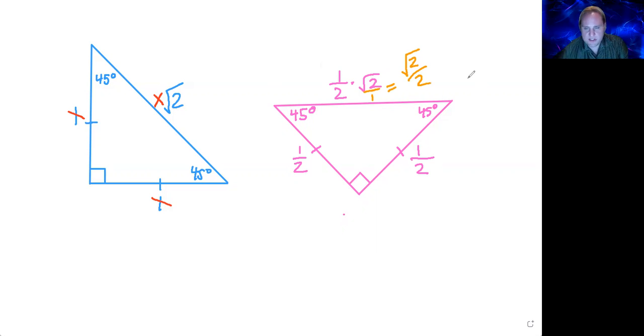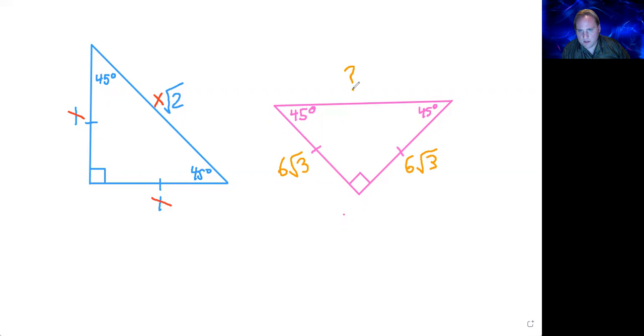And for the really screwy examples, they'll put the root 2 where you don't expect it to be. This is important. What if I were to say that this was, on this side, 6 root 3, and we want to find the missing dimensions? Well, this will also be 6 root 3. That's also a leg. And then we would have to find this.